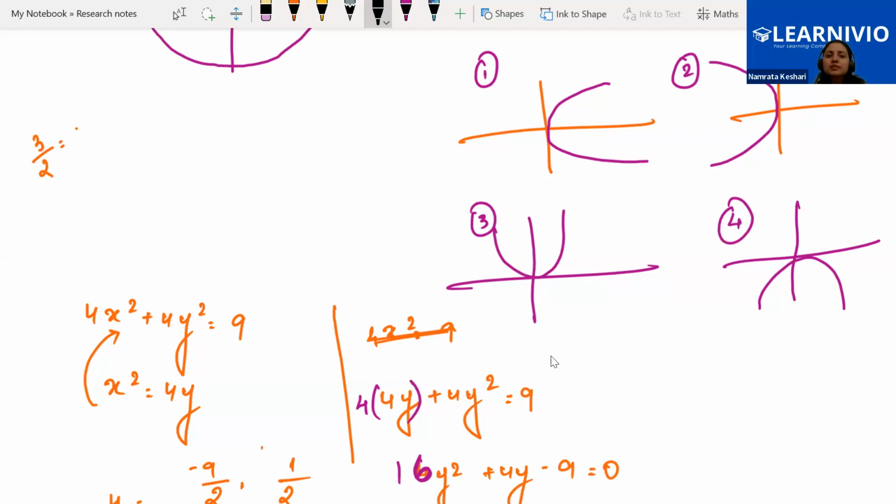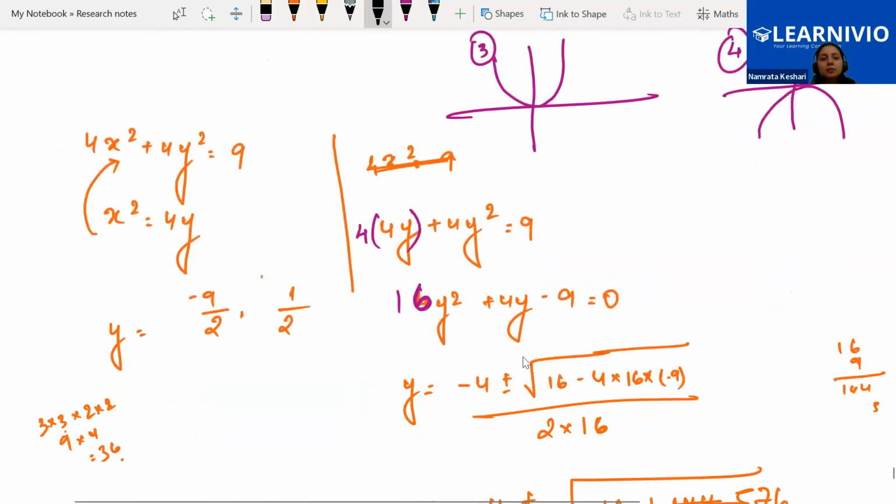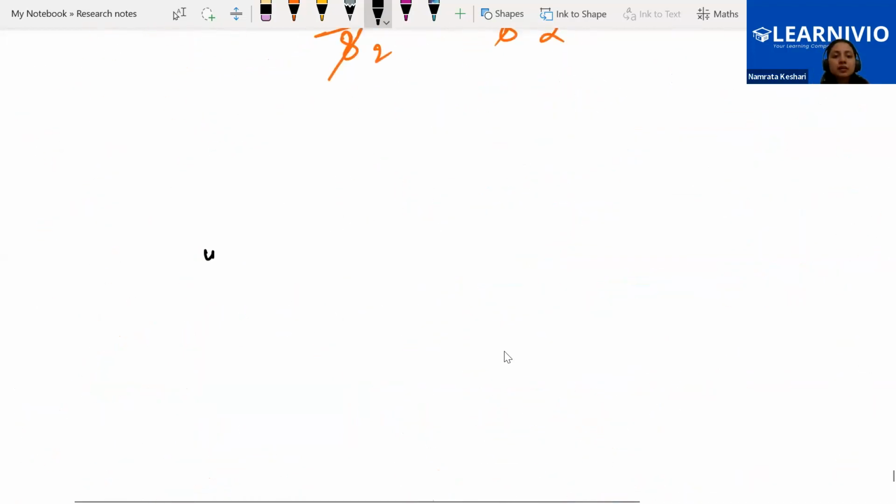There are so many ways to solve these two equations. Which way have you done? I just want to know that. I followed the same procedure. What you did: 4x square plus 4y square is equal to 9. It is given over here, right? And one more equation is there, that is x square is equal to 4y, right?